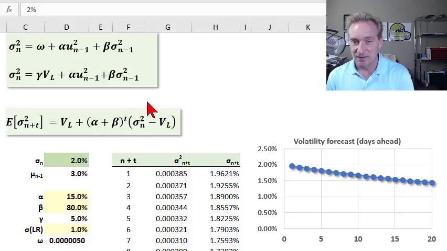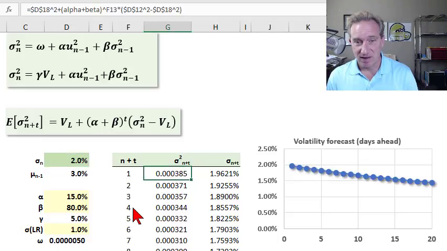So this is really the distance that we're closing between variances, where we are, where we're going to be. And then this alpha plus beta is really a rate of persistence. So it depends on the weights.